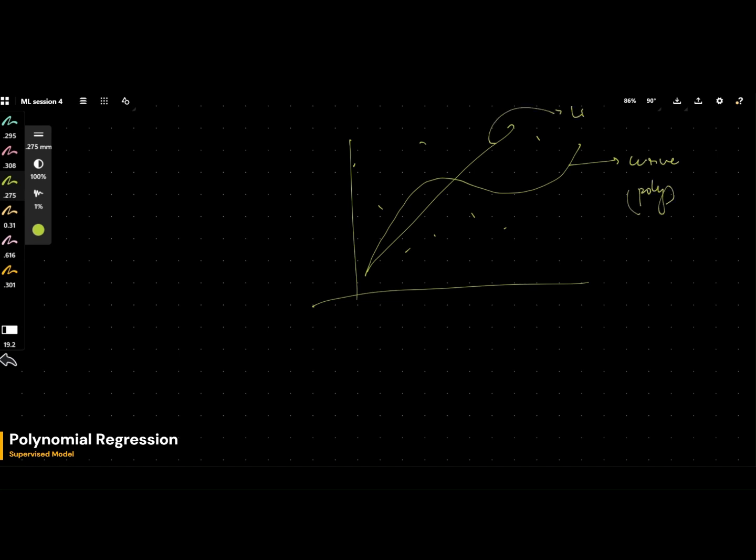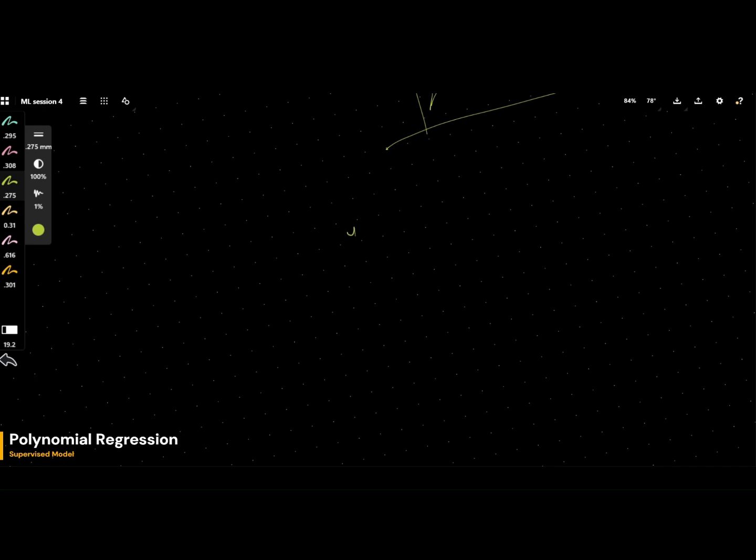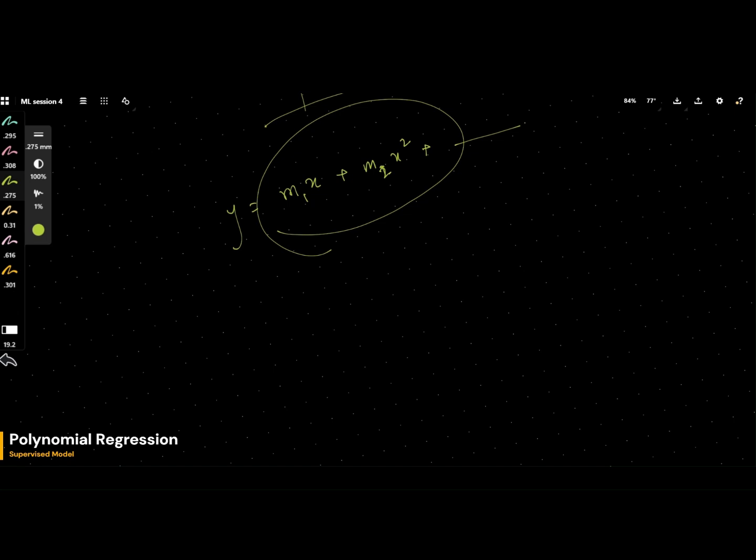This thing is linear; it won't work everywhere. In polynomial equations, y is equal to mx plus m1 x square. The y depends on degrees of x. So the loss will be something like this.